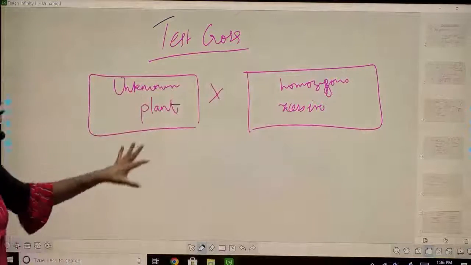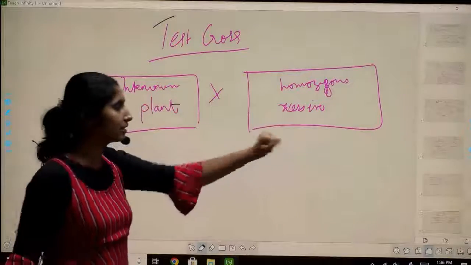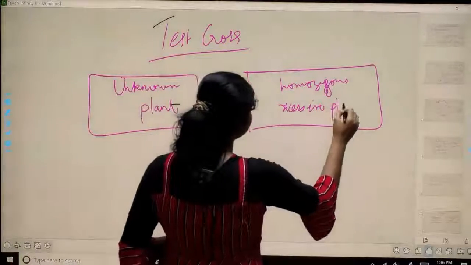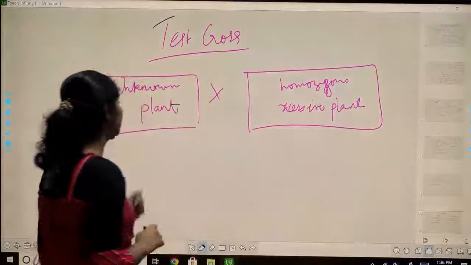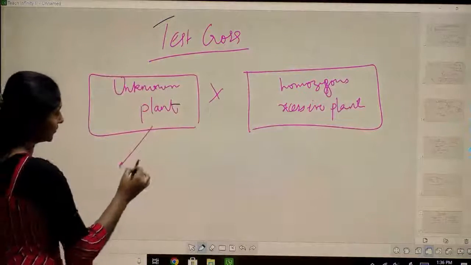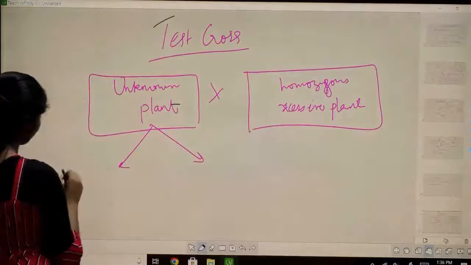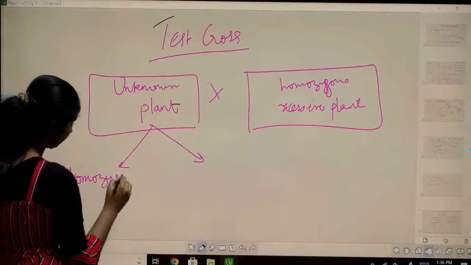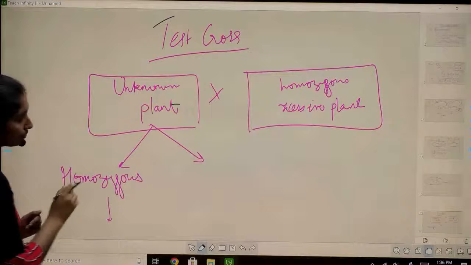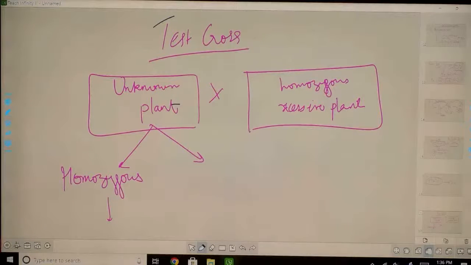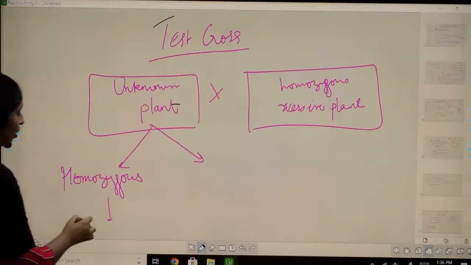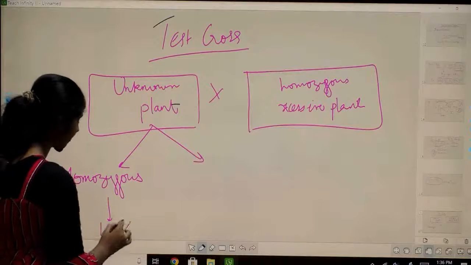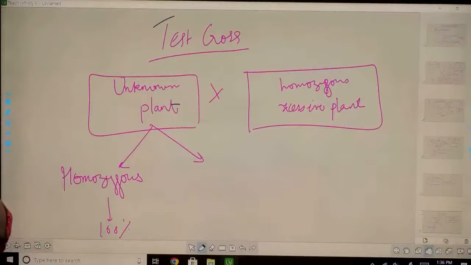So the unknown plant is crossed with a homozygous recessive plant of the given trait. Now, if the unknown plant is homozygous, then all the progeny produced will show one single phenotype, right? All of them, 100%, would be showing one single dominant phenotype.